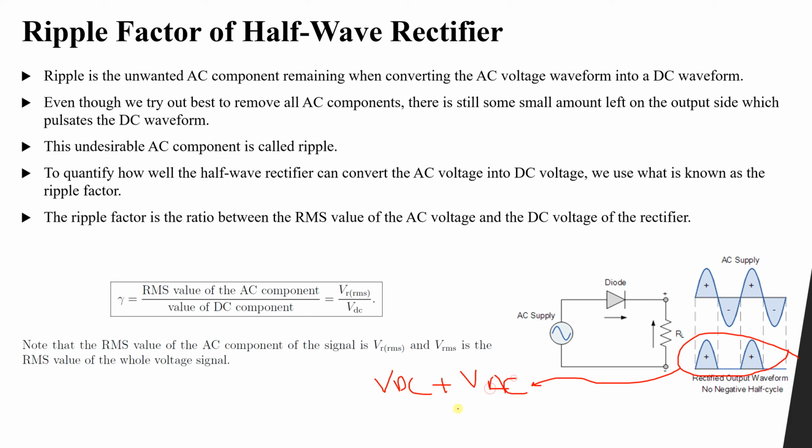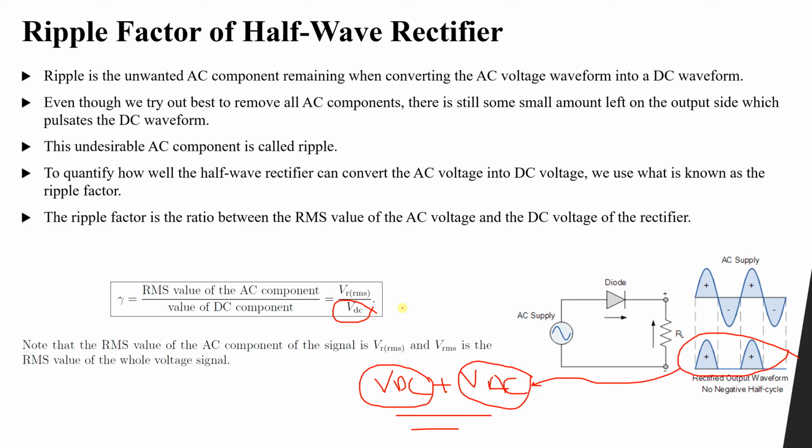So it consists of two components: one part, which is the DC, the average value, and the other, which is the AC, which is causing this pulsation or causing the ripples. So the first one here is the RMS of the AC component only, the AC part of the signal, V_r RMS.